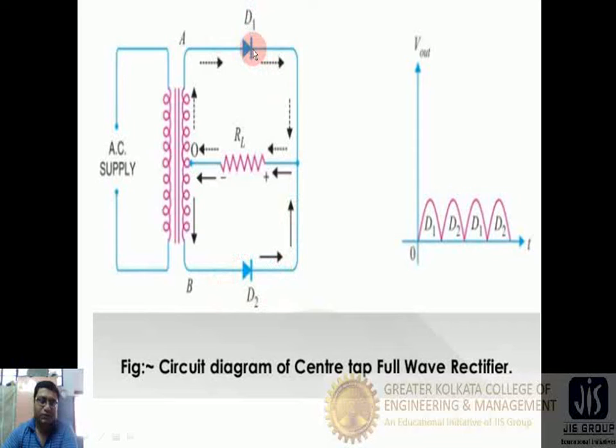That means when D1 is forward biased, D2 is reverse biased, and when D2 is forward biased, D1 is reverse biased. For both diodes, any one of them is in forward bias, so we get a load current for both peaks of the input AC voltage. So in this way we can get full wave rectification with the help of a center tap transformer and two diodes.